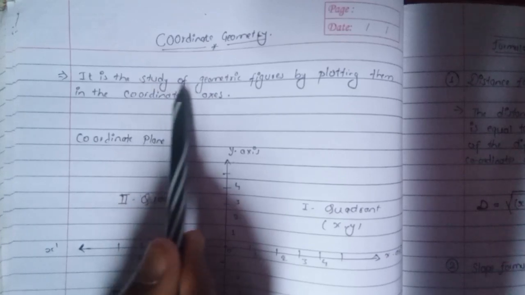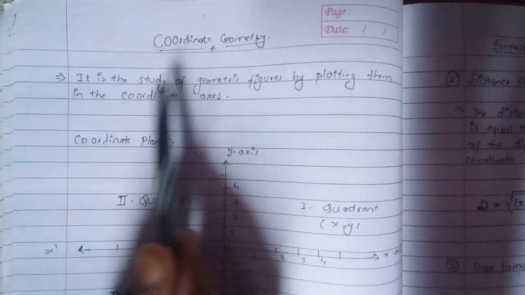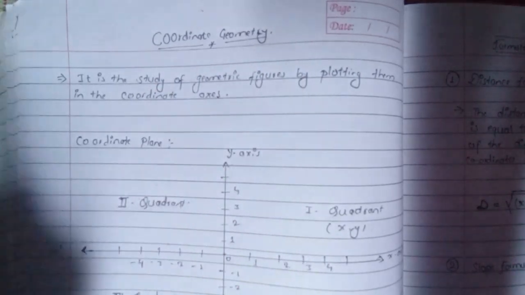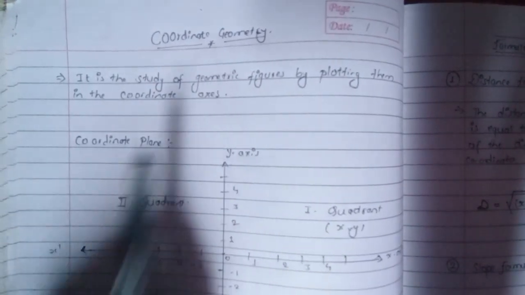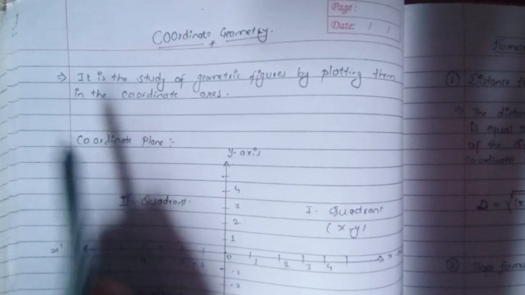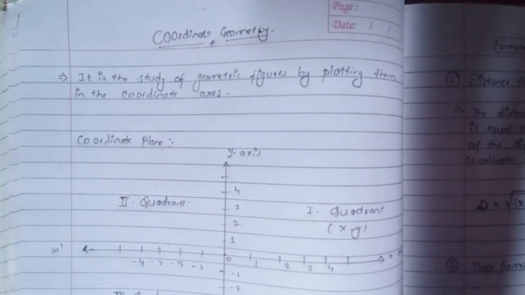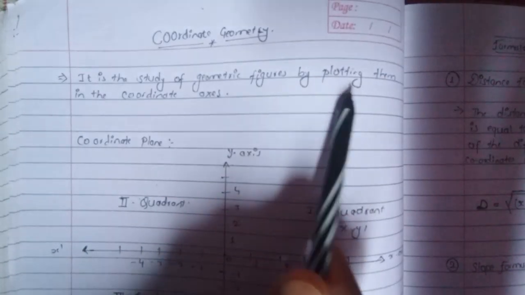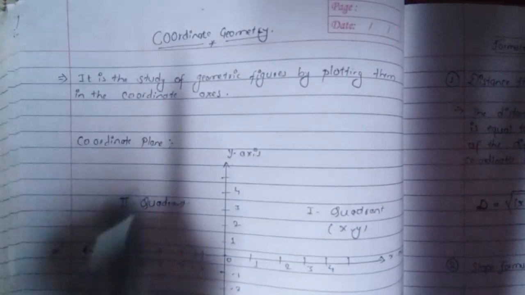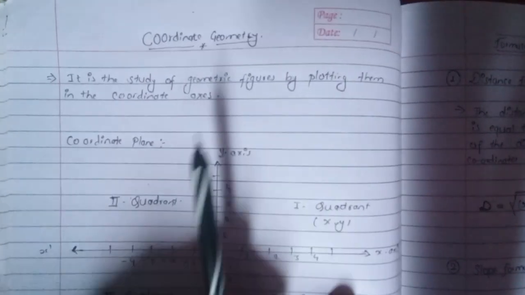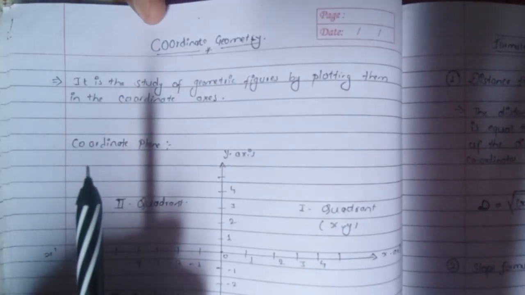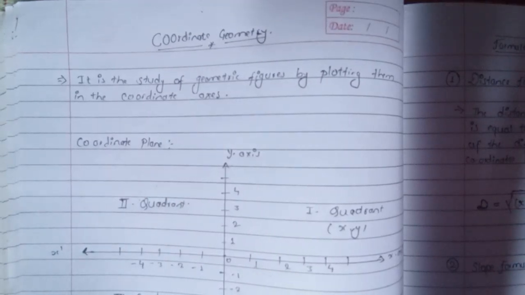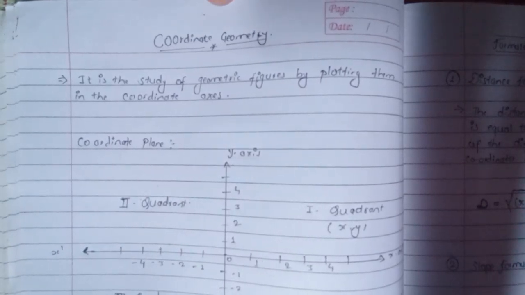We should study geometric figures, or plot some points, in a coordinate axis. So the study of geometric figures by plotting them in a coordinate axis is known as coordinate geometry. So this is the definition of coordinate geometry.